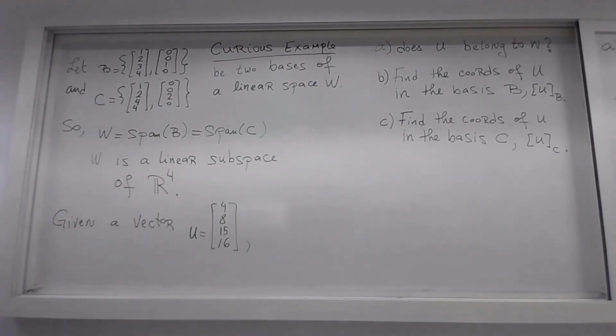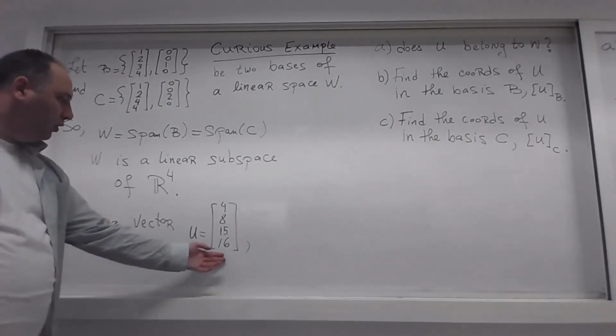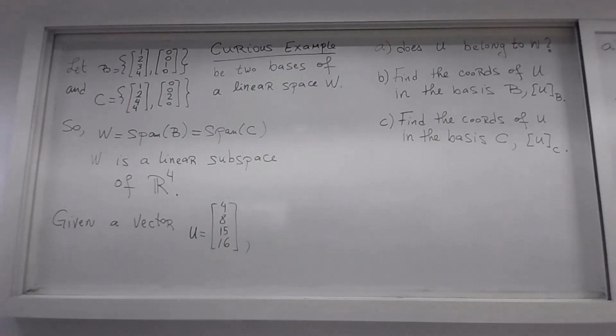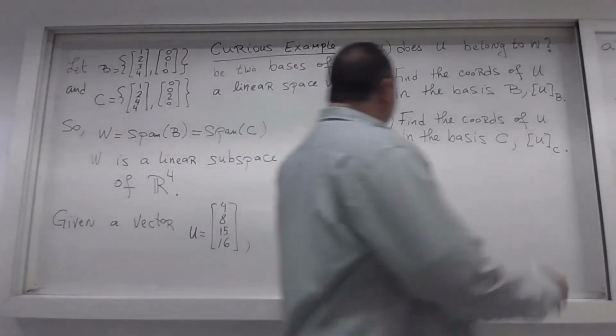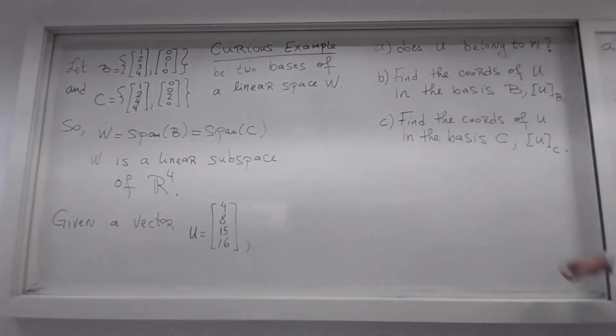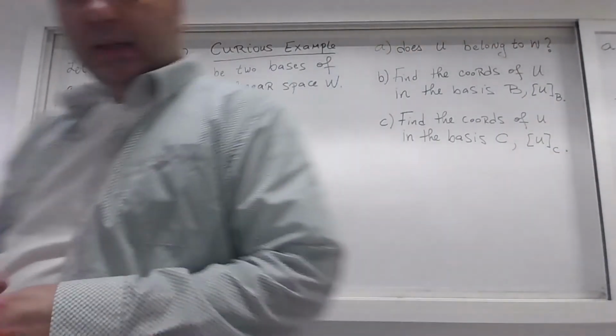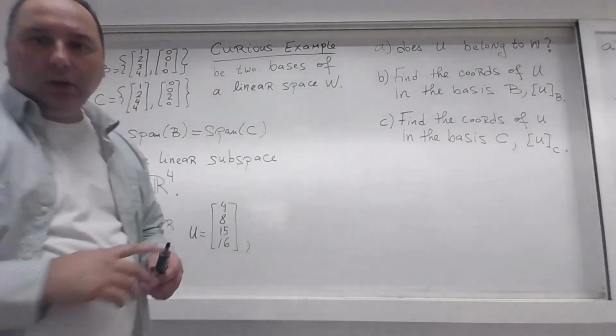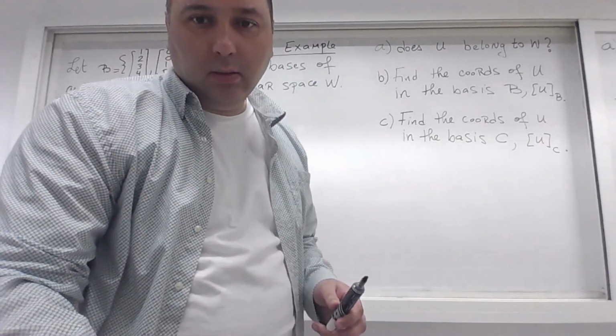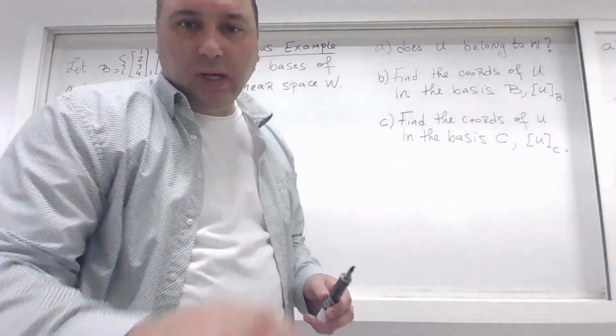That's just an observation. So here we are given a vector U with 4 components, and then we can ask some questions. Does U belong to W? That one is easy to see. How do we do that?